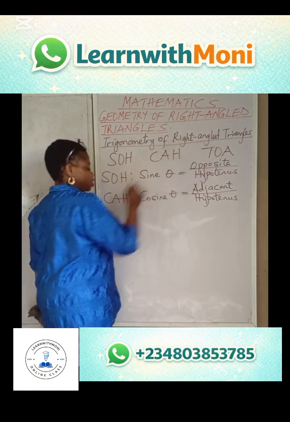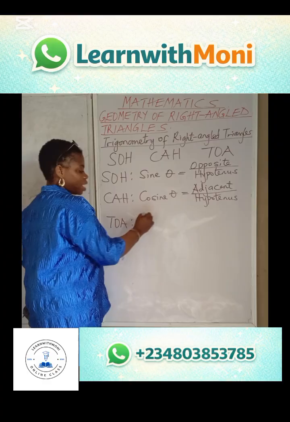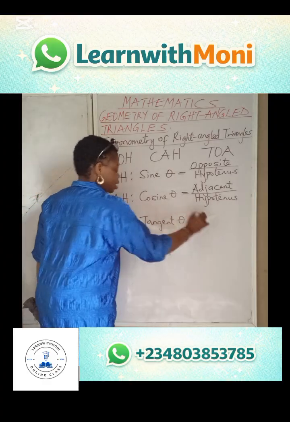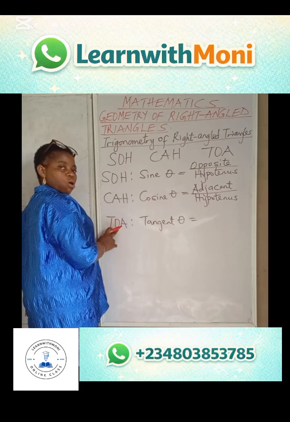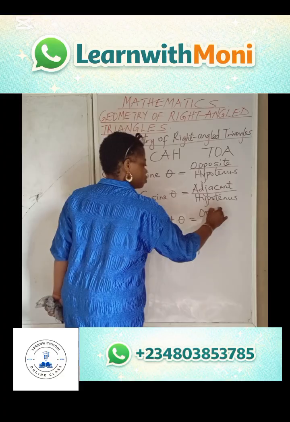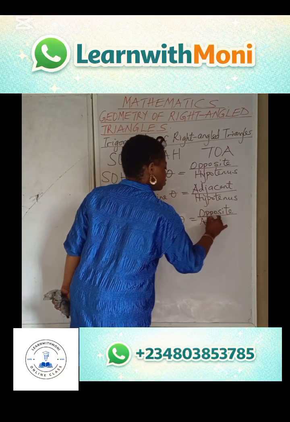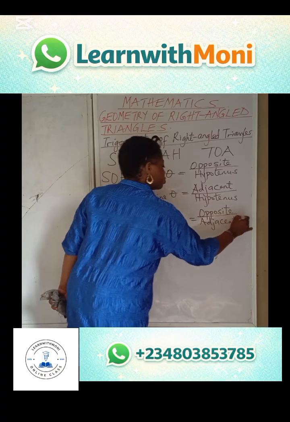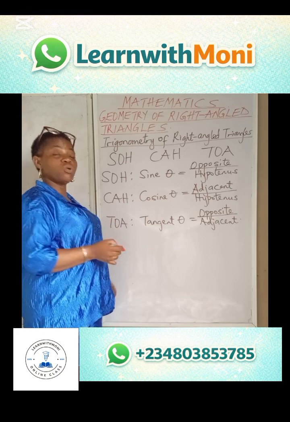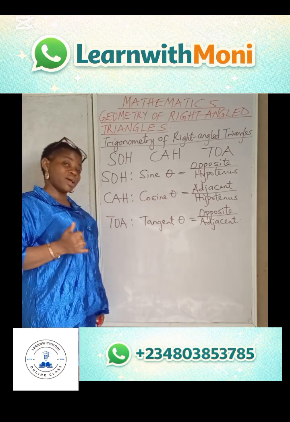Then the third, which is TOA, the T means tangent of theta or any other angle is equals to the ratio of opposite to adjacent. Opposite over adjacent. And these are the basics that you need to know about the trigonometry of right-angled triangles.